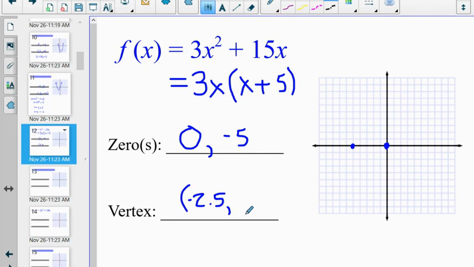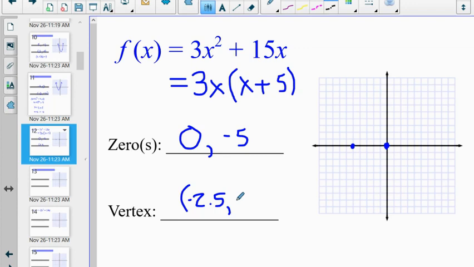I'm going to do 3 times negative 2.5 squared plus 15 times negative 2.5, and I'm just plugging this in my calculator. I'm going to make sure that I think this looks right. It gave me negative 56.25. That seems pretty big. I'm going to verify that I typed that in right.